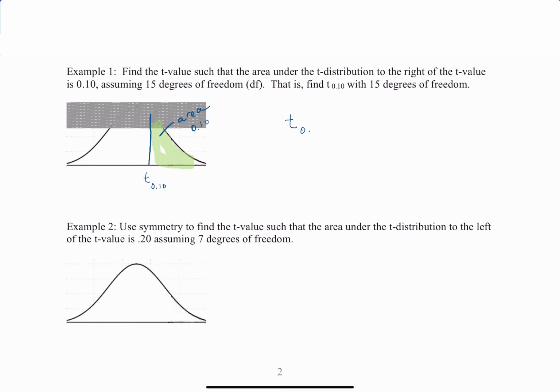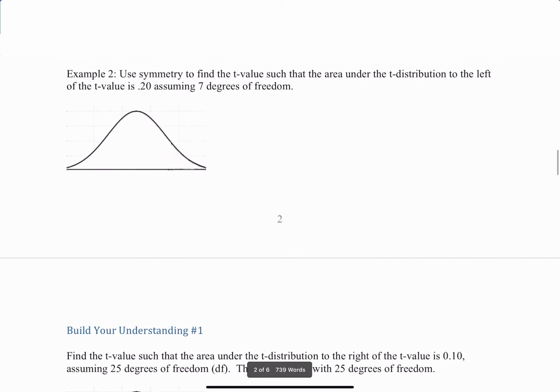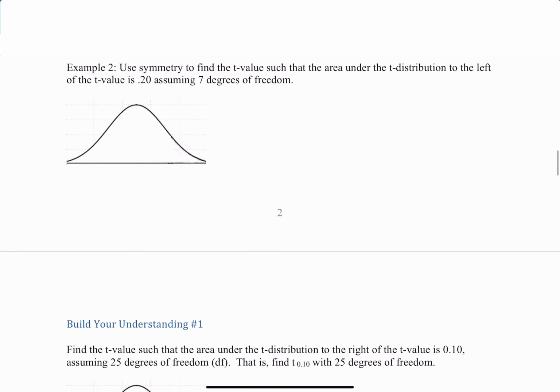So we have T sub 0.10 is 1.341. In other words, if we're looking at the t-distribution with 15 degrees of freedom, the t-value that has area 0.10 to its right is 1.341. Let's try another one.